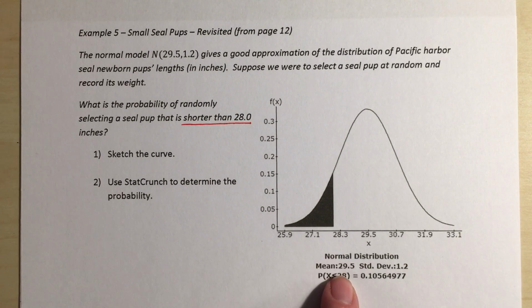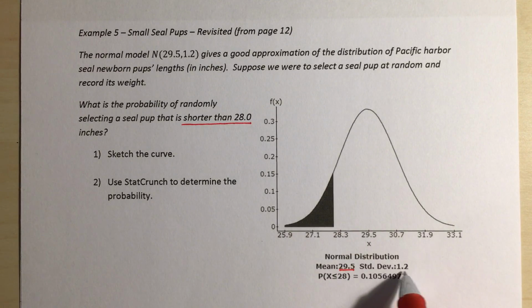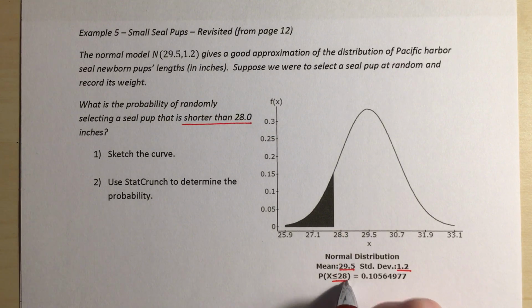We put in our mean, which was 29.5. We put in our standard deviation, which was 1.2. So these are values that we had to put in. And then we had to select the correct symbol and put the number here for what we are looking for, shorter than 28.0 inches.